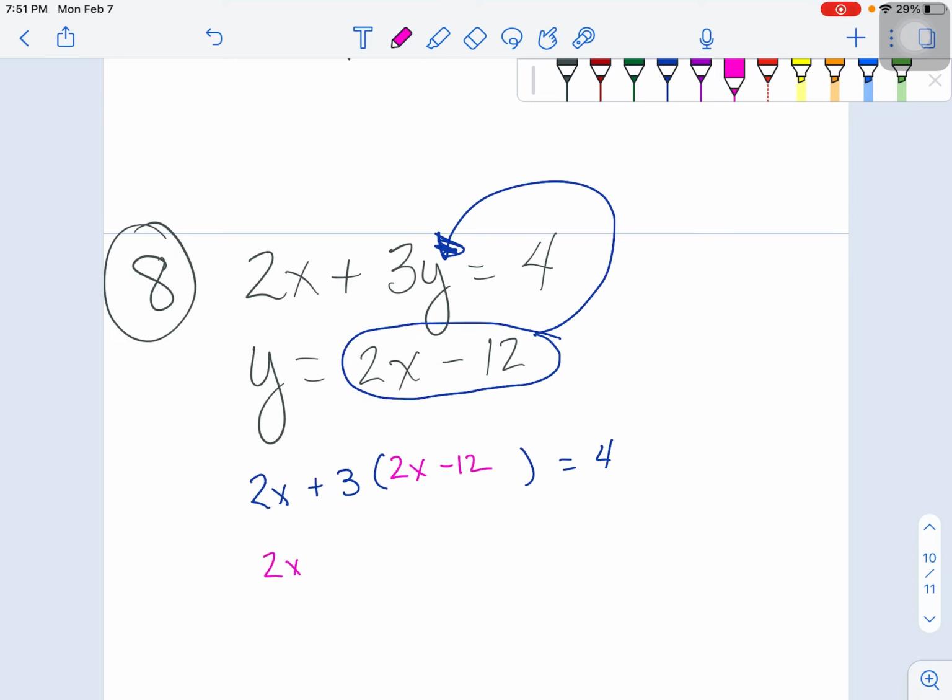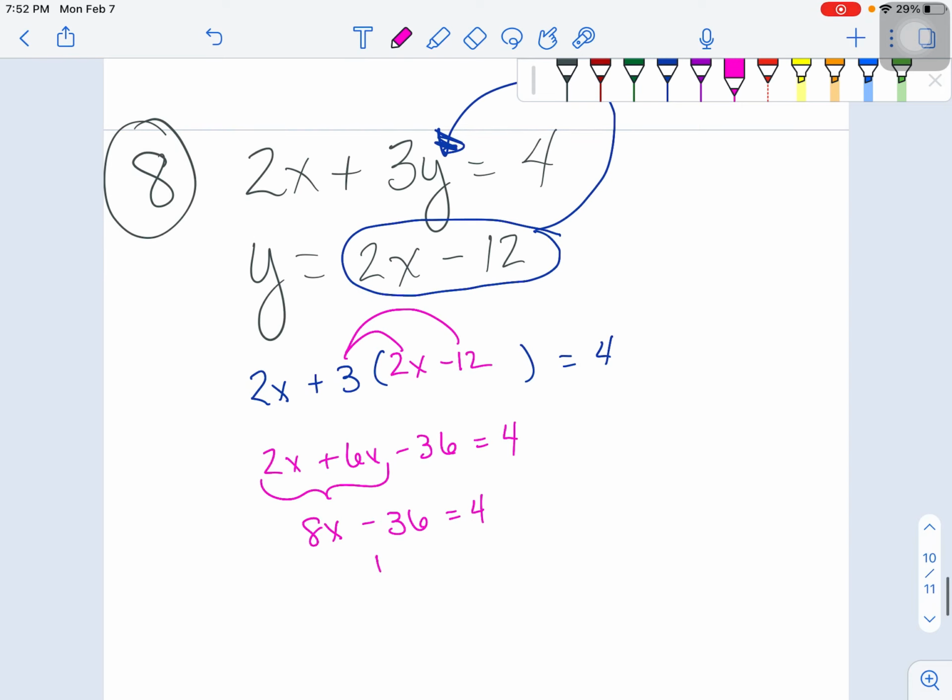So now I get 2x plus 6x minus 36 equals 4. I can combine like terms. 8x minus 36 equals 4. Add 36. 8x equals 40.